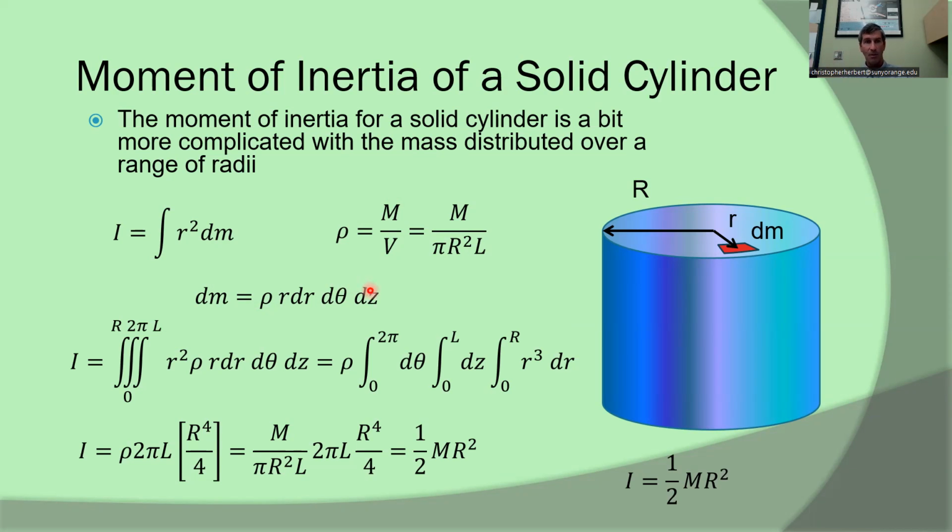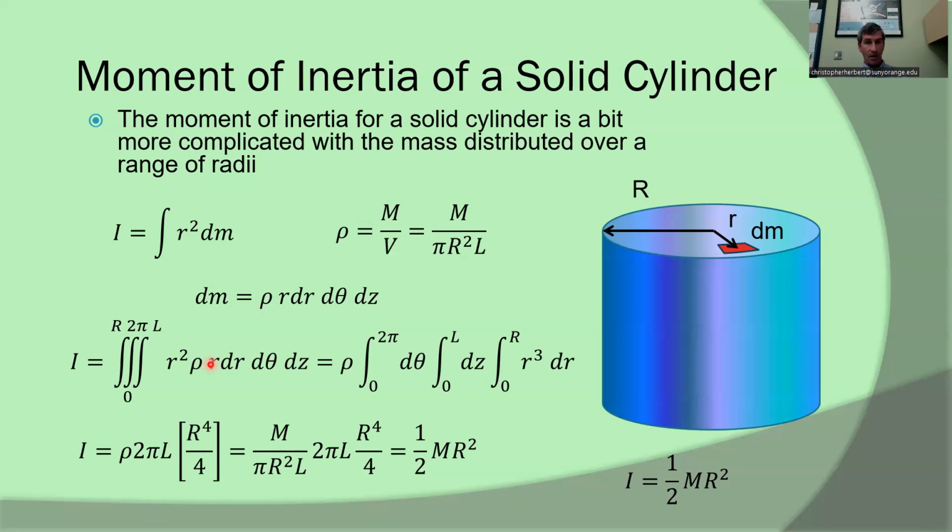I know they use rho, but I've used rho for density, so I'm going to use r here. So I'm going to integrate this, okay, dm, again, r squared dm. So dm is replaced by this long set of variables, okay? R squared is still r squared. And again, the density can come out front because that's just a constant.